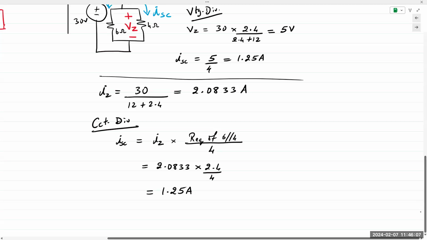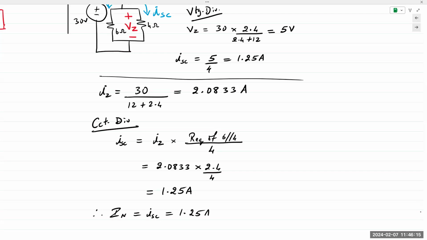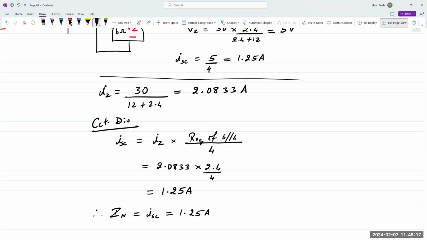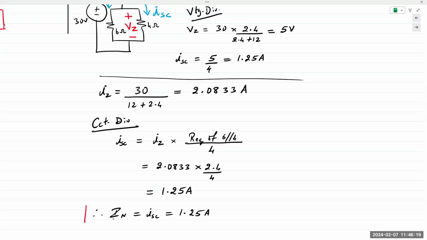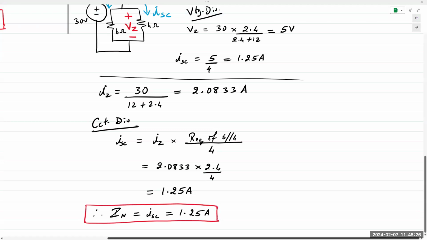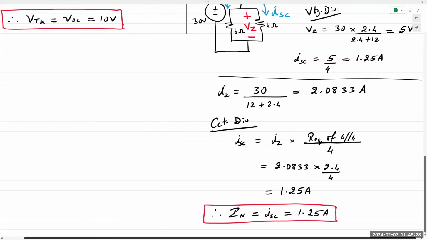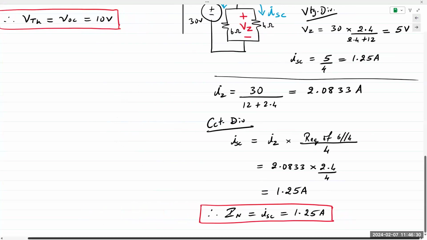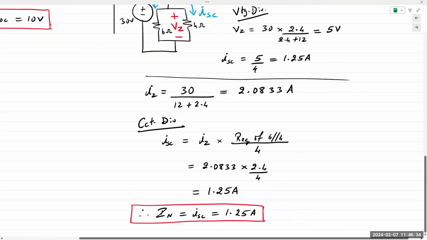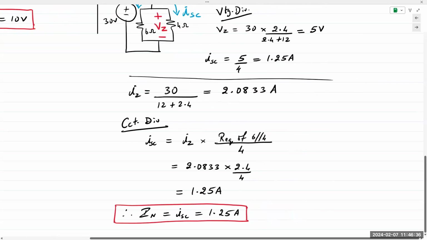And so my Norton current is 1.25 amps. Okay, think over it.